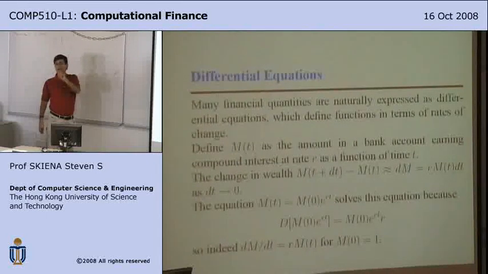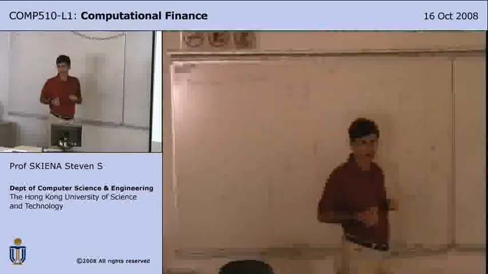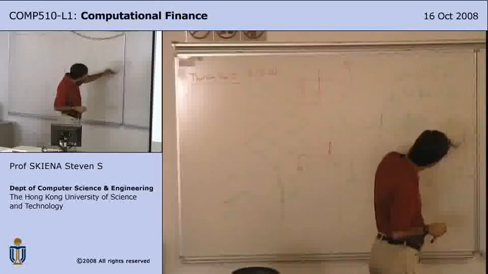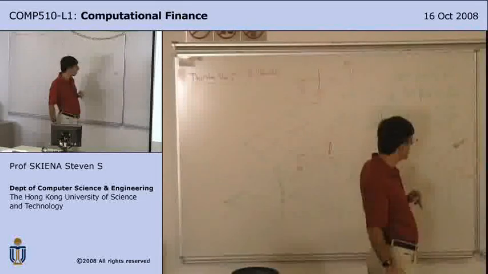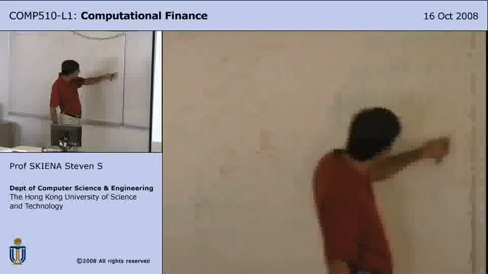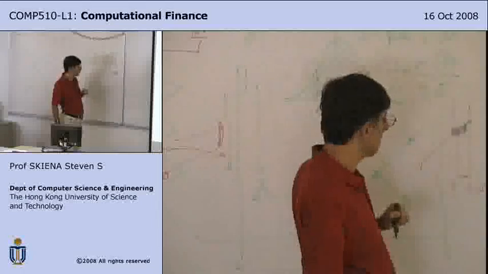In what way is that an approximation? This is not assuming continuous compounding over this delta t period. It says that over this period of time you're going to earn interest on the money you have. Of course, with continuous compounding, you should be earning money based on the interest that you had already gotten.